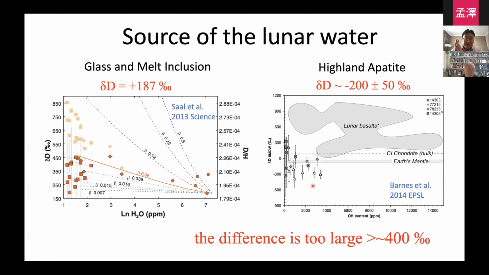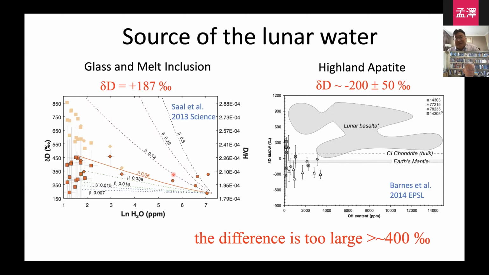On the other hand, two different groups used the hydrogen isotopes in different materials, the glass and the melt inclusions, to infer the source of the lunar water. Albert Saal and his colleagues showed in their Science paper that the delta D in the lunar magma is about 187 per mil.